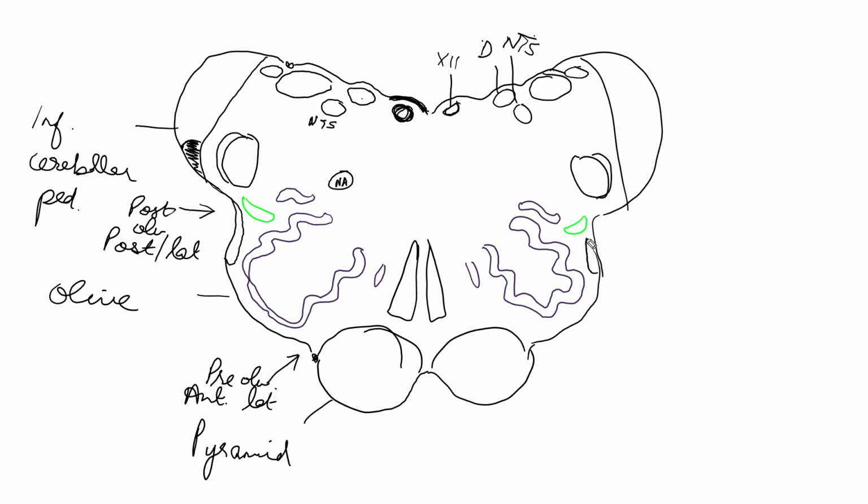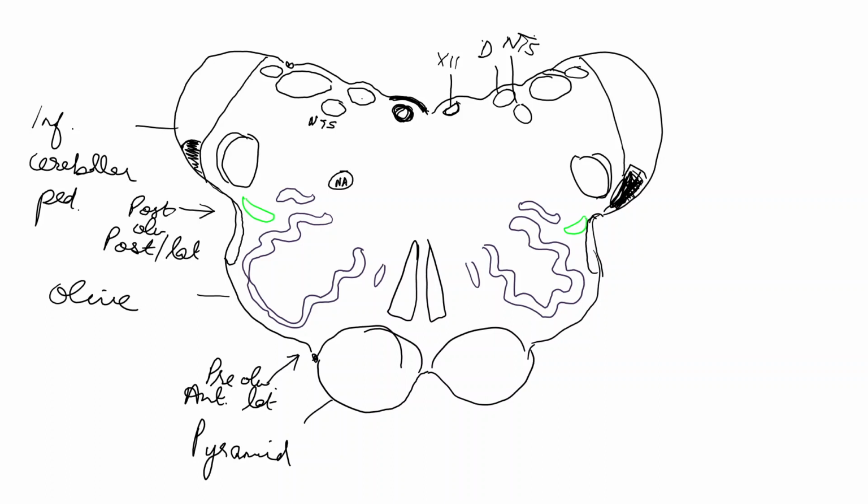So ventral spinocerebellar tract is here, but the dorsal spinocerebellar tract has formed a part of the inferior cerebellar peduncle. Okay, so this is inferior cerebellar peduncle, out of which the dorsal spinocerebellar tract is now entering the inferior cerebellar peduncle, right?